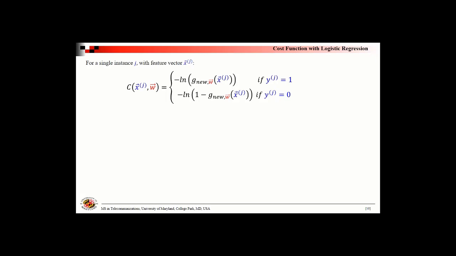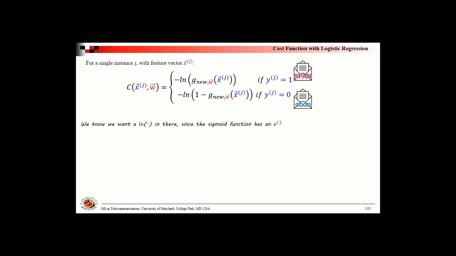Its cost function will, of course, depend on the feature vector X, but it will also depend on the trained weight W. We're going to define it as minus natural log of the discriminant function if it's actually a spam example, and it's going to be minus natural log of 1 minus the discriminant function if the email is not spam. In other words, it's a good email. In each case, the label for spam is 1 and the label for not spam is 0.